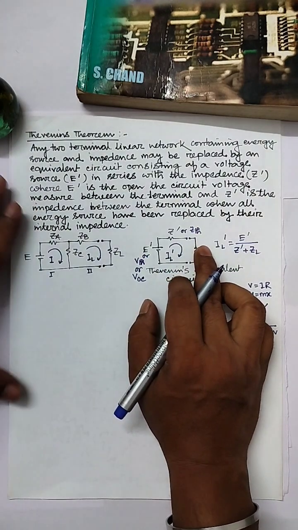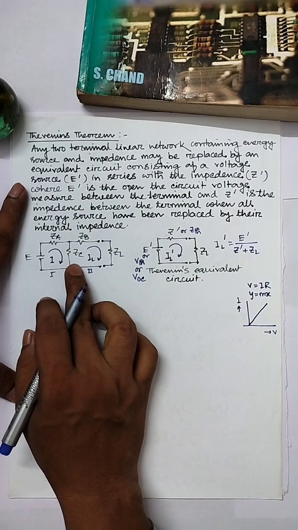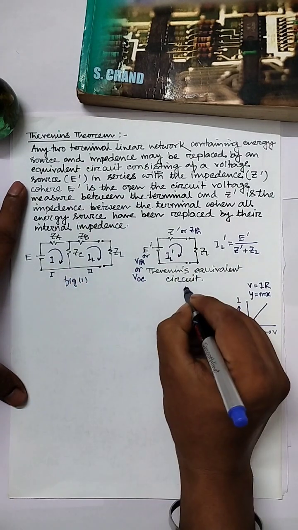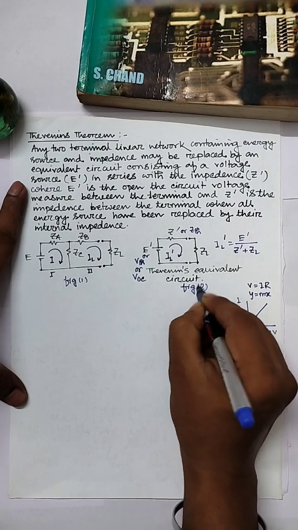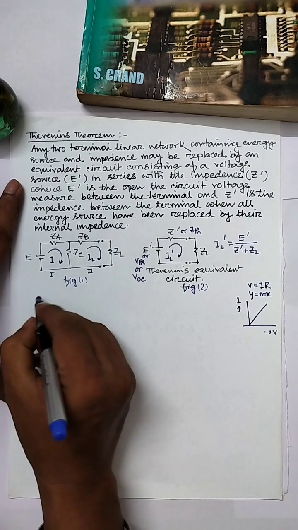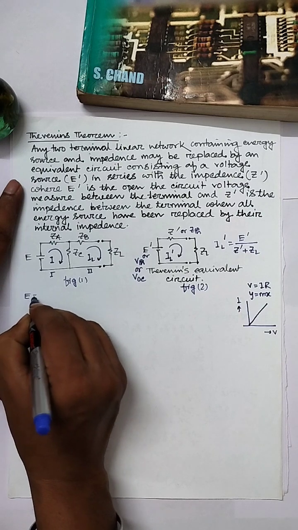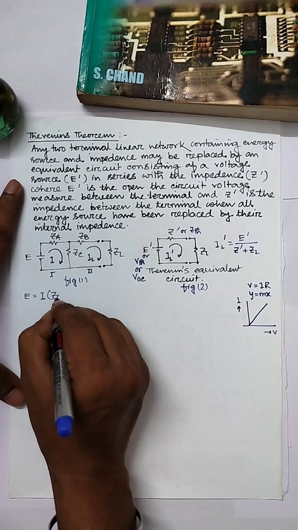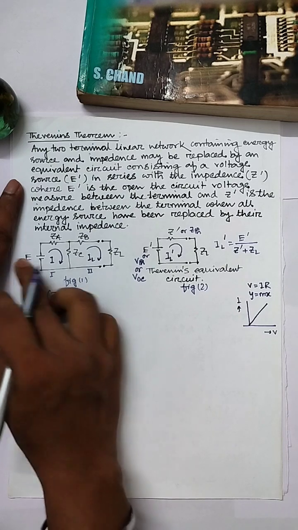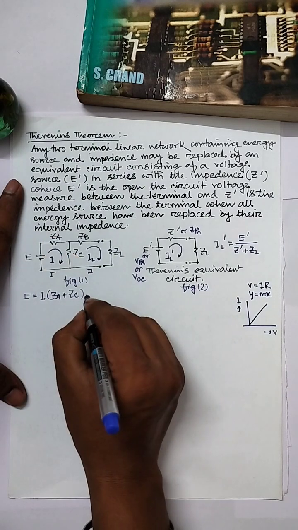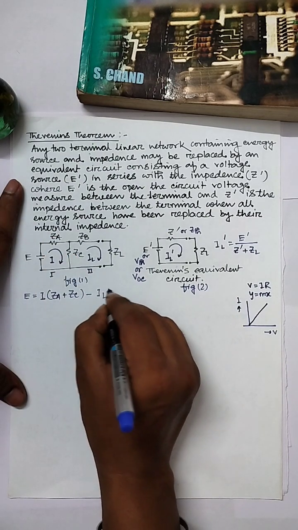All are the same. Suppose this main circuit is figure 1 and this one is figure 2. From figure 1, we can apply KVL. From mesh 1, E equals I times ZA plus ZC, as I is flowing through ZA and ZC, minus IL ZC.